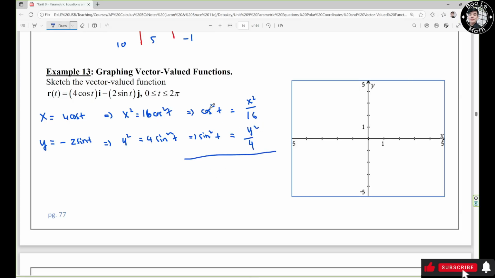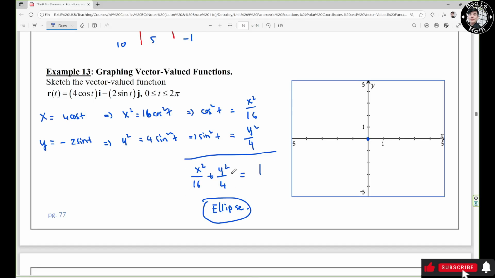Now I'm going to add these up vertically, so I have s squared over 16 plus y squared over 4. Now sine squared plus cosine squared equals 1. Now this one is actually an ellipse.